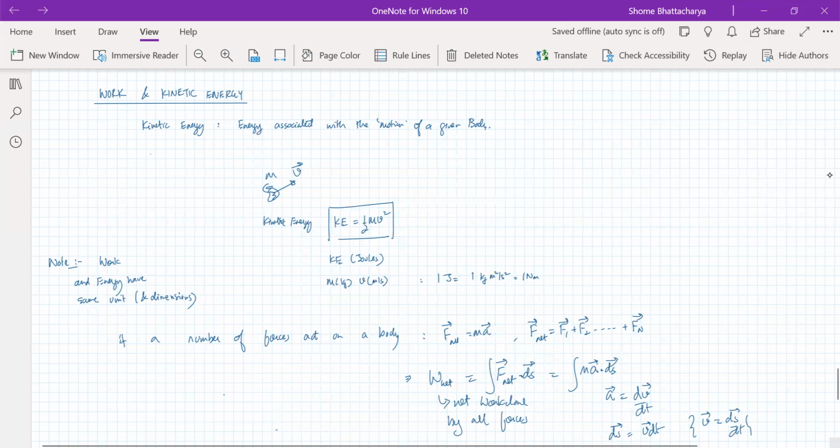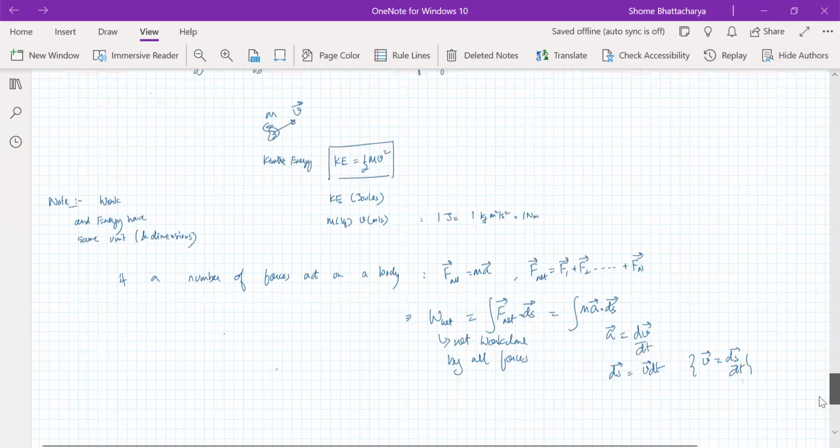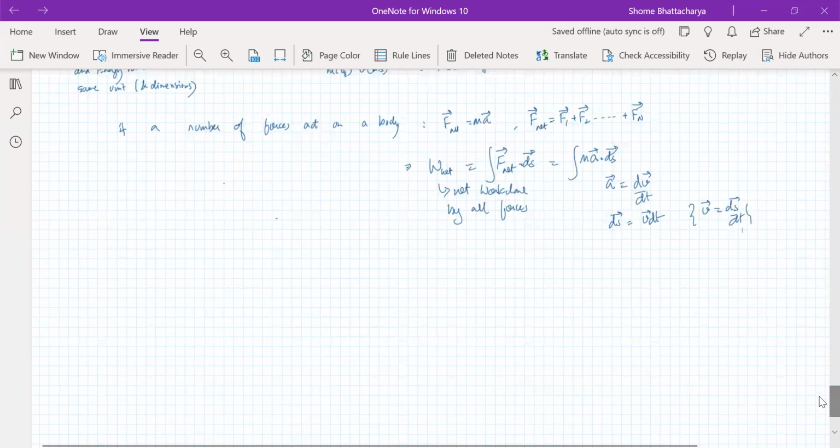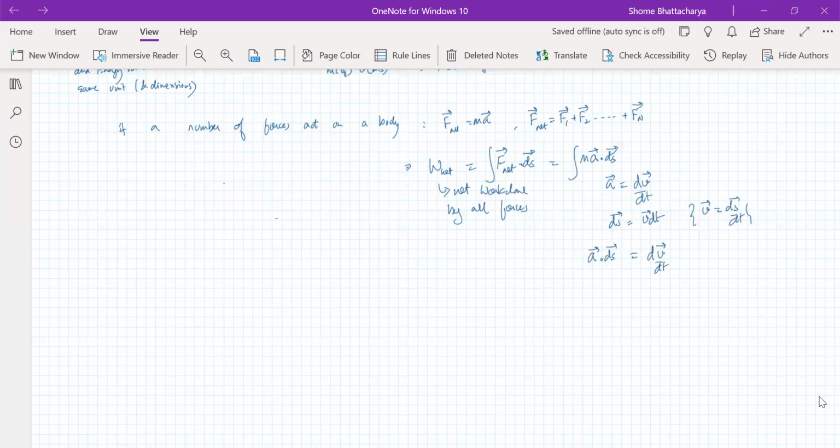Okay. So that is why, if we take the dot product of acceleration and displacement, we will get this, which becomes dv.